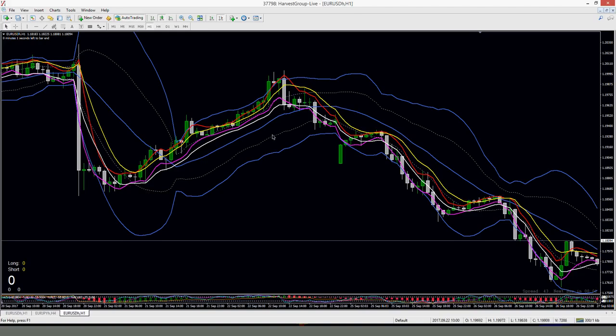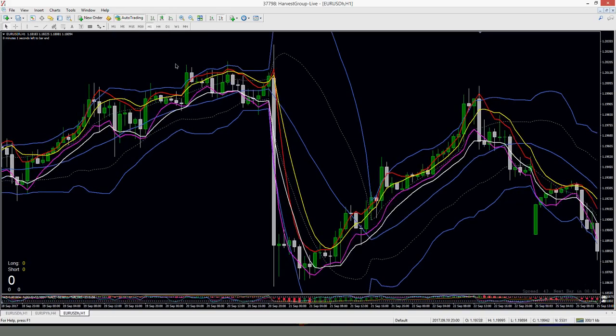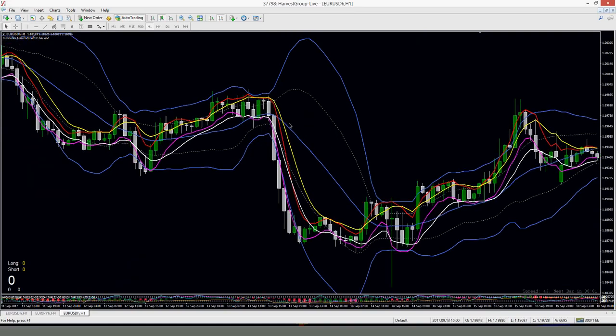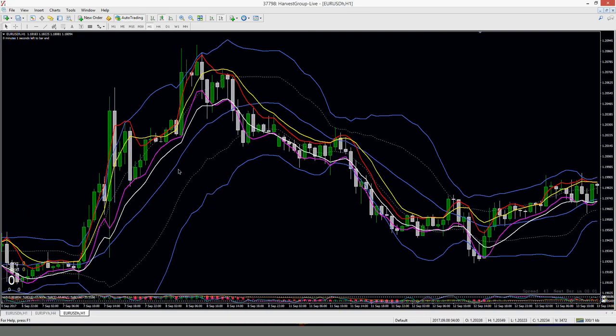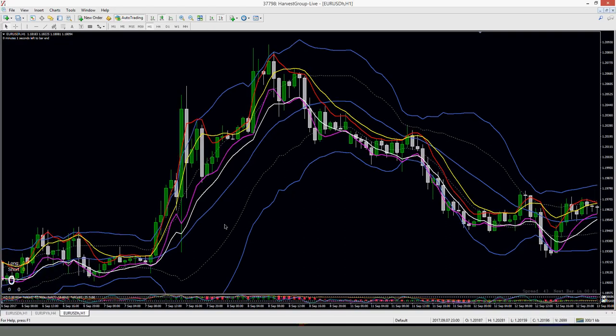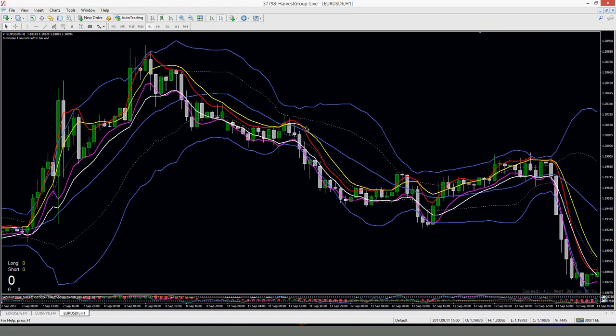And another add-on to the crossovers is what I always use. Every time the opposite moving averages are closing in to an opposite indicator, the price will go sideways to create a re-entry. What do I mean by this? For example, on this one here, MA5 high is going away from MA10 high and is closing into MA10 low here.